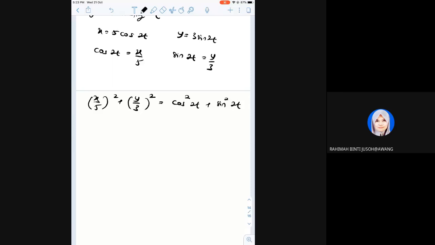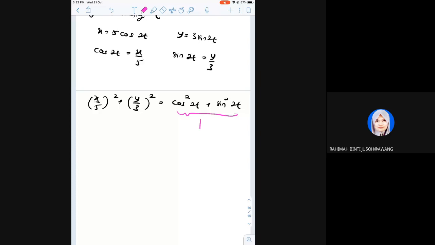So now guys, ini tetap jadi sama dengan 1 dengan syarat dua-dua sama, 2t 2t. Kalau dia 4, cos squared 4t plus sin squared 4t pun dapat 1. Cos squared 10t plus sin squared 10t pun dapat 1 dengan syarat dua-dua sama. Understand? Tak kisahlah 10t ke 15t ke, yang penting kena sama, cos dengan sin tu sama pasangan dia.